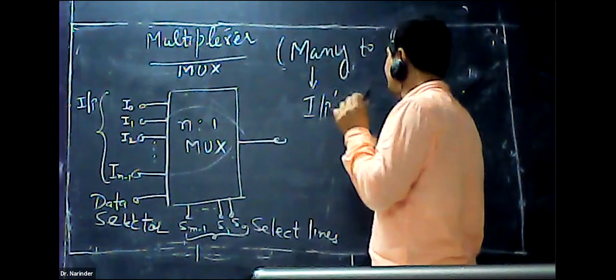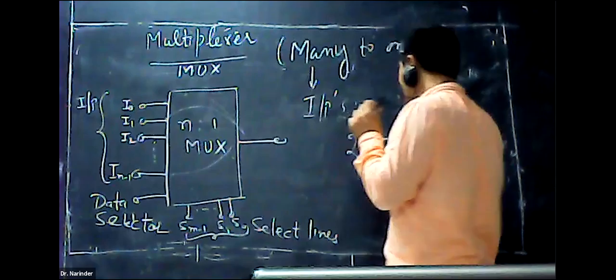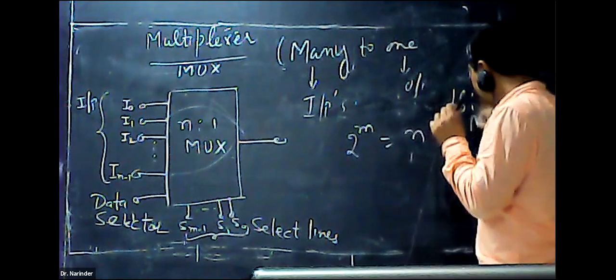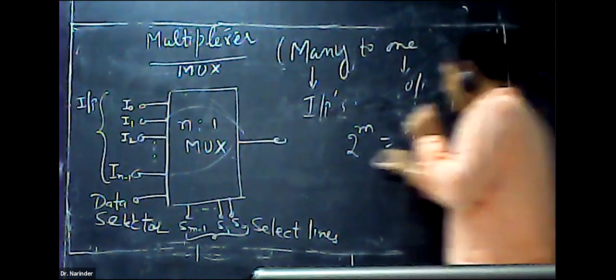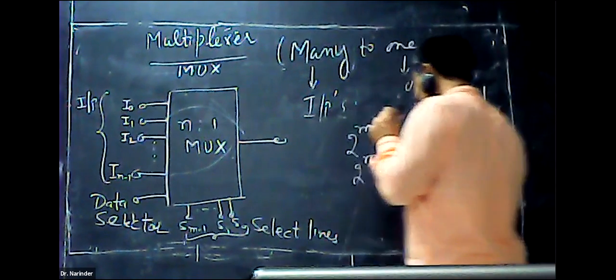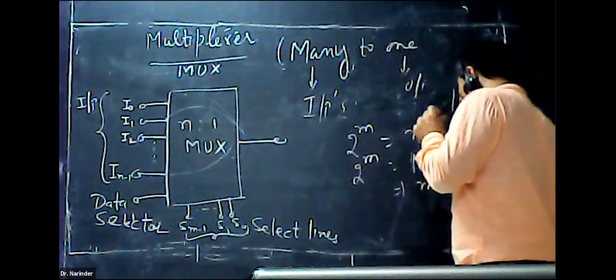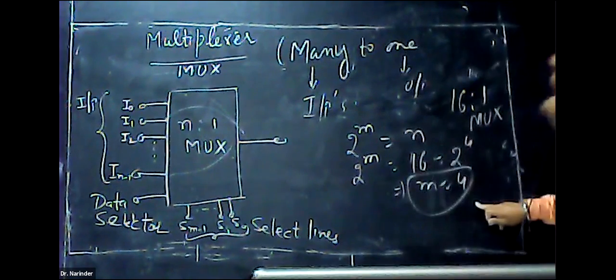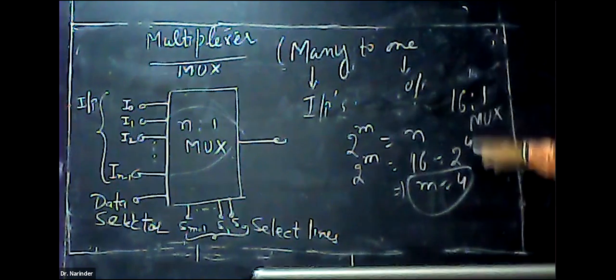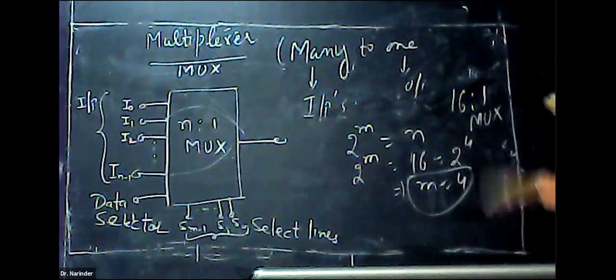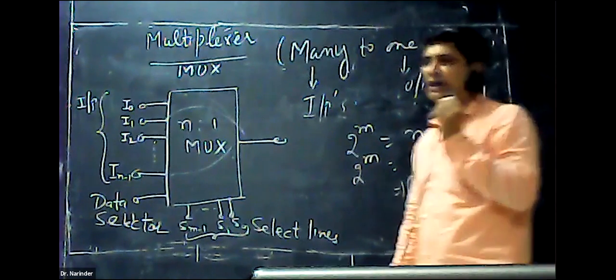So the relation between these is 2 raised to power m equal to n. If I write 16:1 mux, it would be 2 raised to power m is equals to 16 is equals to 2 raised to power 4, m equal to 4. So it will require 4 select lines. If there is a 16:1 mux, it will require 4 select lines, and we can design the multiplexer accordingly.